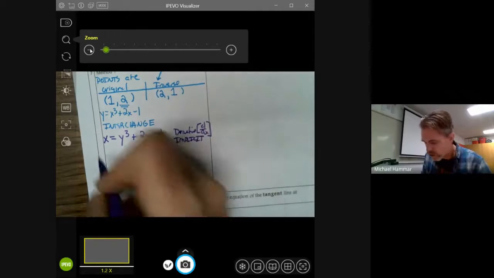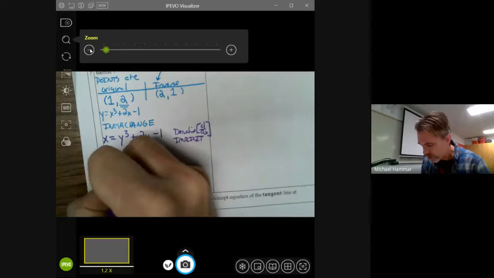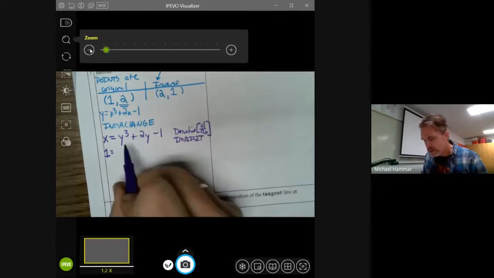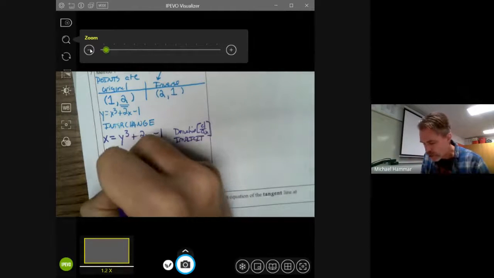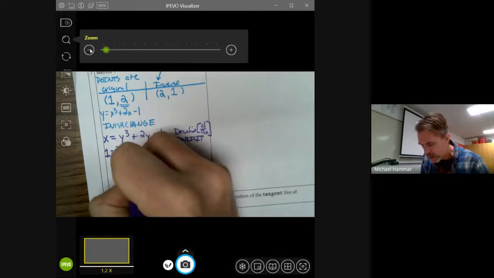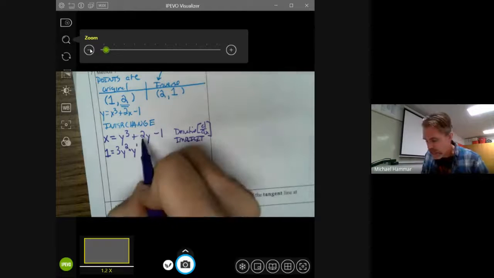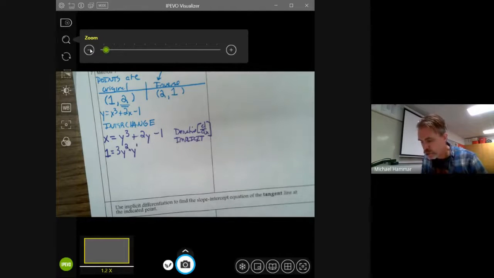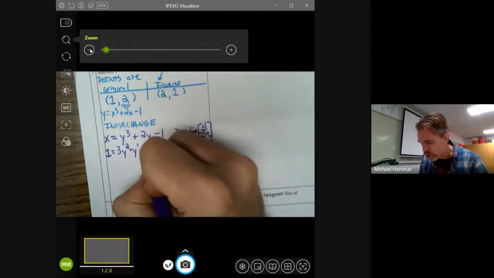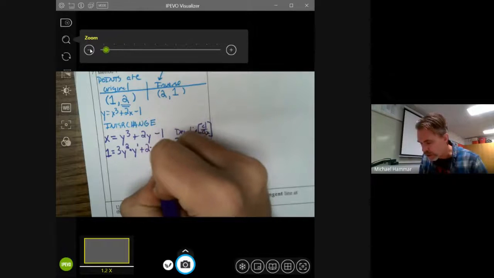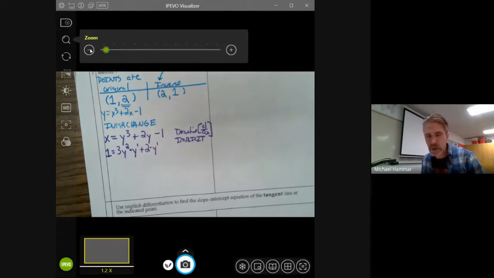So the derivative of x is 1. The derivative of y cubed is 3y squared, but remember, I also need to multiply it times y prime. And then the derivative of 2y is going to be plus 2, but remember, I also need to multiply it times y prime.